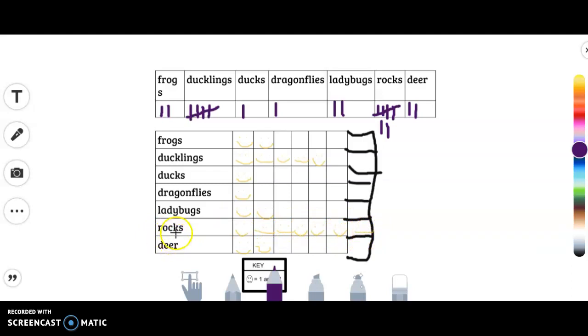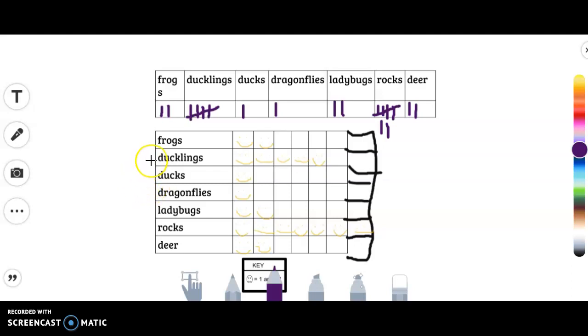So rocks has the most. Which one has the least? This one's a little tricky. Which one has the least? Pause the video. That's right. Ducks and dragonflies both only have 1. So they both have the least. It's the smallest. Remember, least is the smallest.